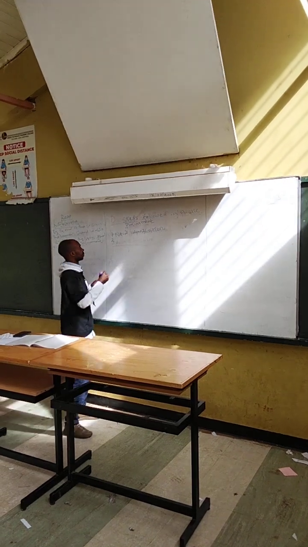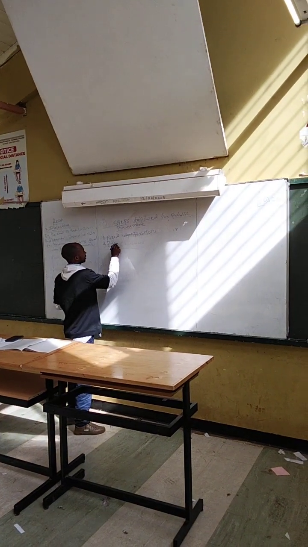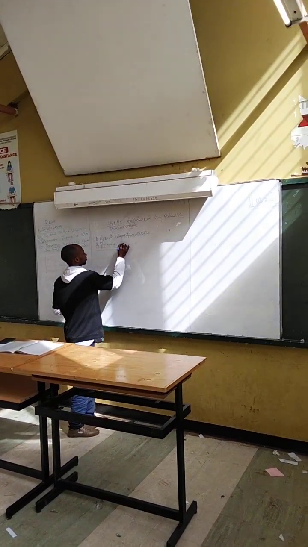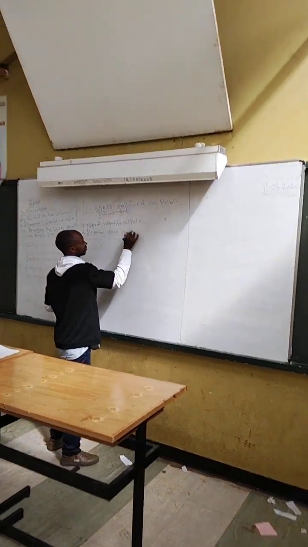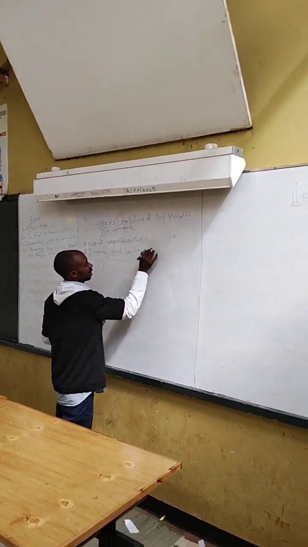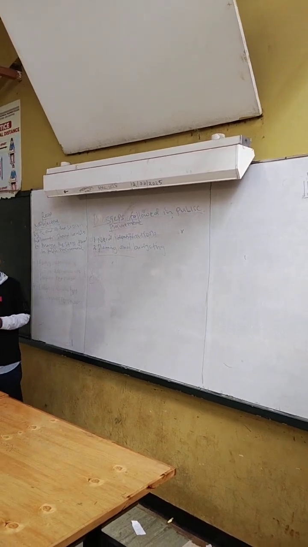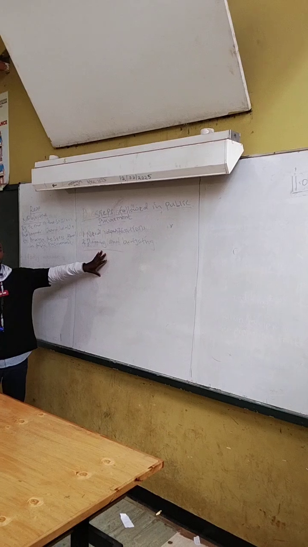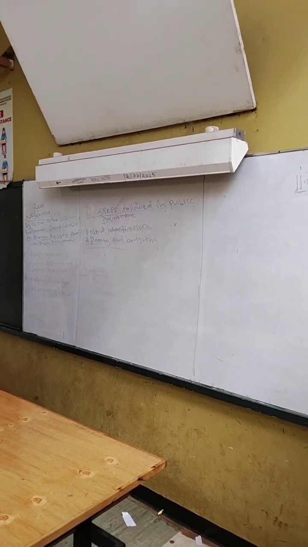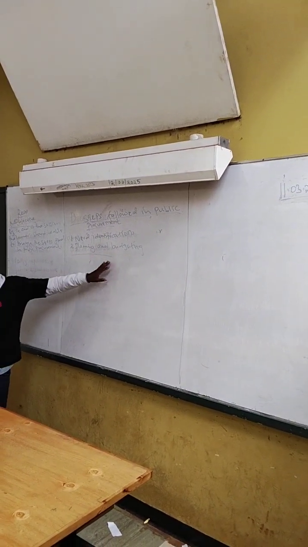Number 2, yes? Planning and budgeting. After you've identified the needs, number 2, you must plan. And in planning, you need funds. That's planning and budgeting.